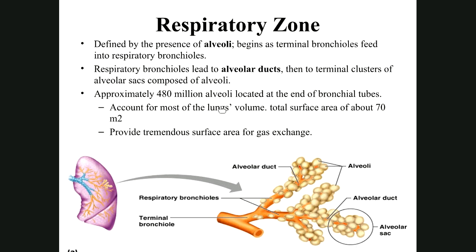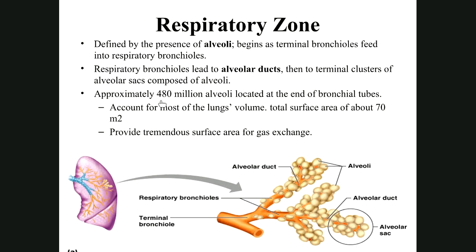Okay, follow this diagram. This is terminal bronchioles, and then the respiratory bronchioles, and then this further divides into alveolar ducts and then the alveoli. How many alveoli are present?